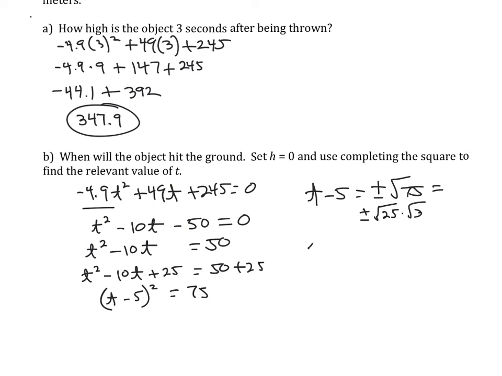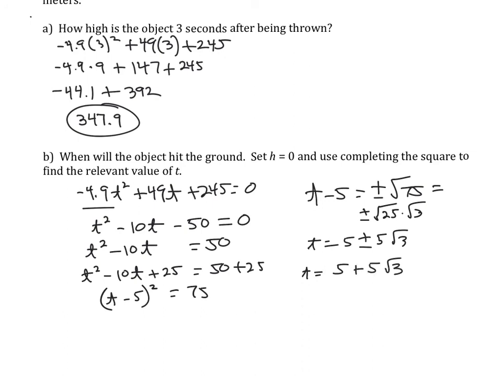And so t minus 5 is equal to, or I should say t is equal to 5 plus or minus 5 root 3. So 5 minus 5 root 3 is a negative number and does not make physical sense in this problem. So we're left with t is equal to 5 plus 5 root 3.